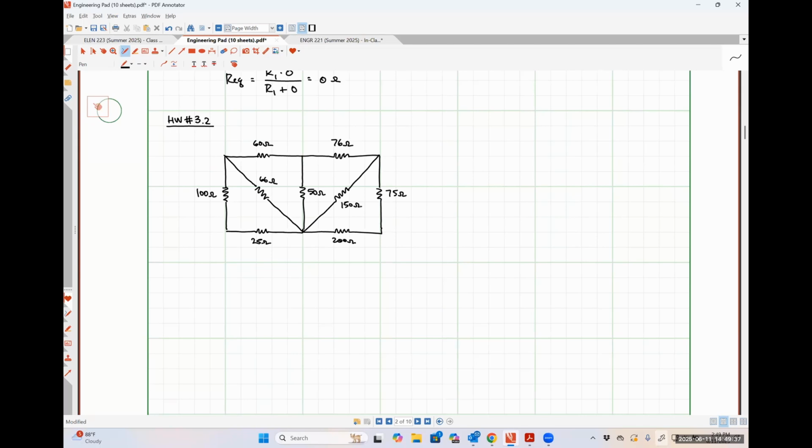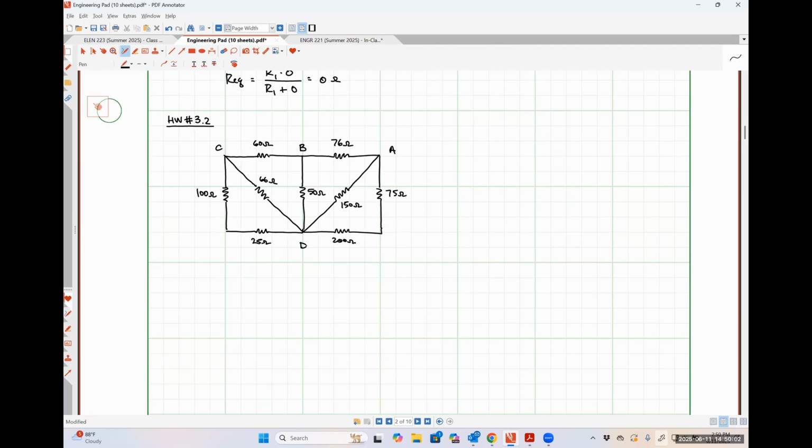And then you also have a couple of nodes labeled with letters. So this top right node is going to be A, top middle is B, top left is C, and bottom middle is D. So this is a fairly complicated network of resistances.